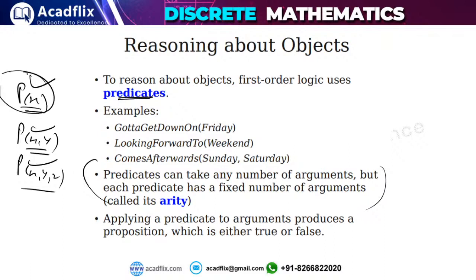For example, this predicate is taking one argument, one variable, so this predicate has arity 1, this predicate has arity 2, this predicate has arity 3. So our predicate can take any number of arguments, and the number of variables in our predicate is called the arity of that predicate. Anyway, we have seen the concept of predicate.